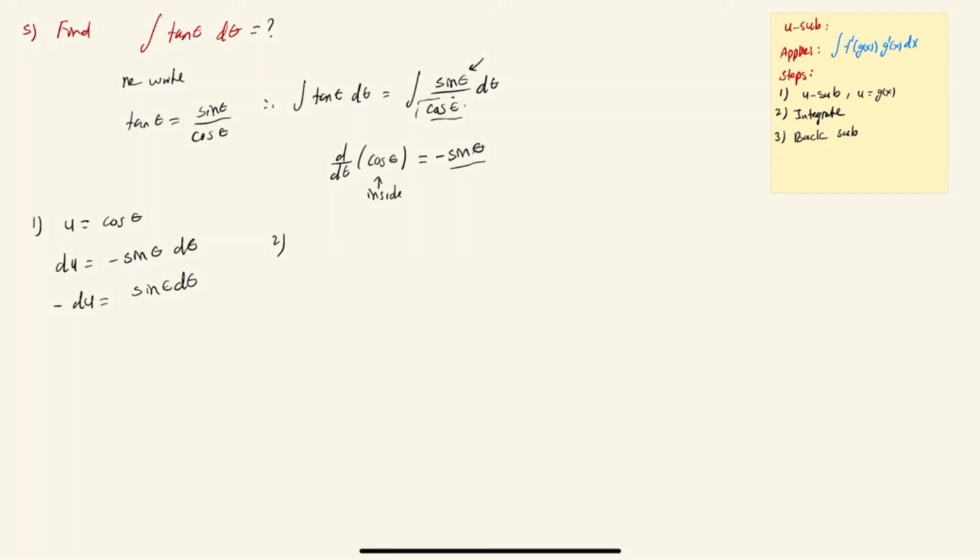Now for the second step, I'm going to integrate after making the substitution. I'm going to arrange it as 1 over cosine of theta and then sine of theta d theta. Notice that sine of theta d theta is just equal to minus du, and cosine of theta is just u.